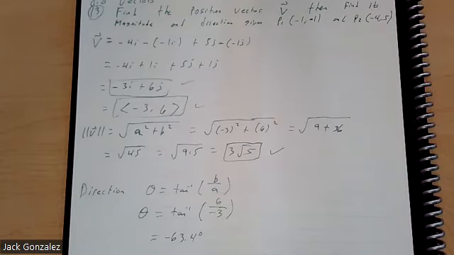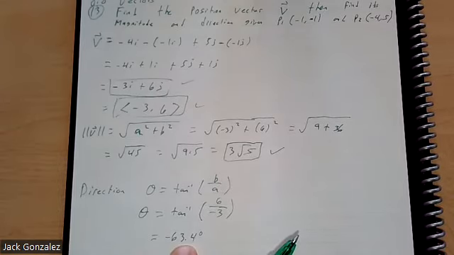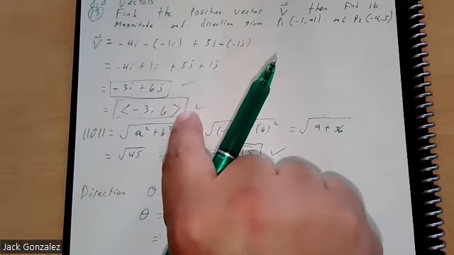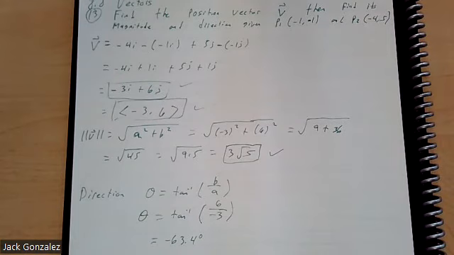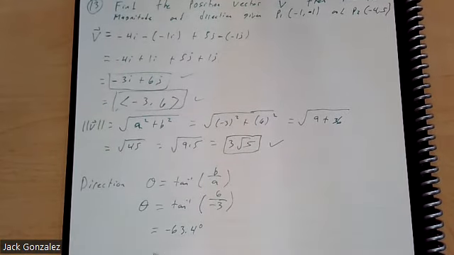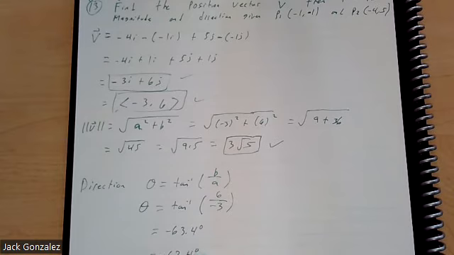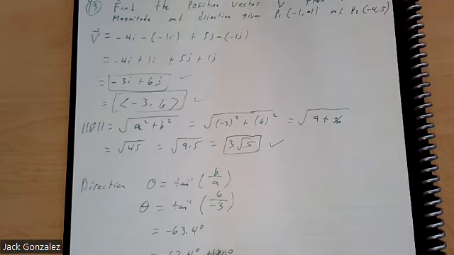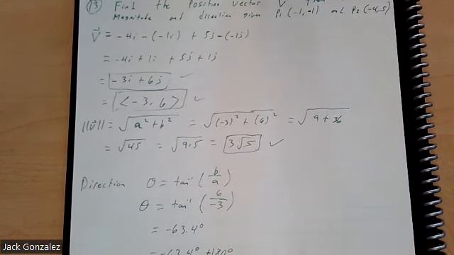Yeah, it looks like -3, 6. That would be quadrant 2. This angle is quadrant 4, but the actual location of the vector is quadrant 2. So adjust this here. So add 180 to get to the actual solution. Okay. There's my direction.